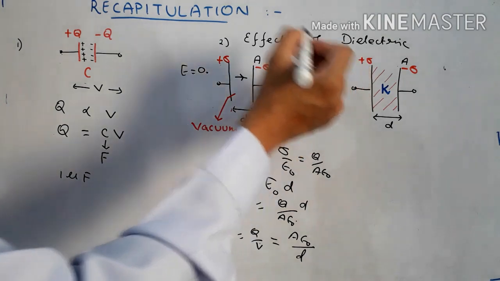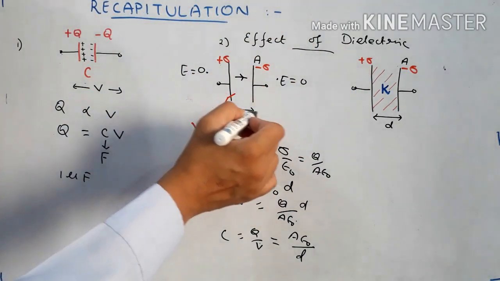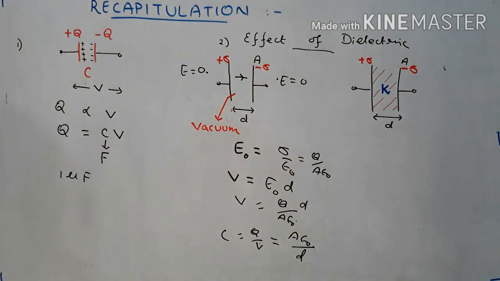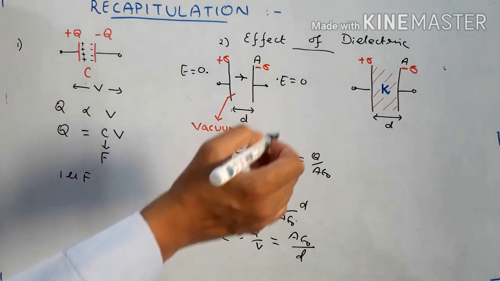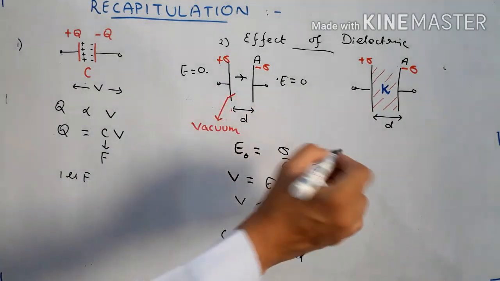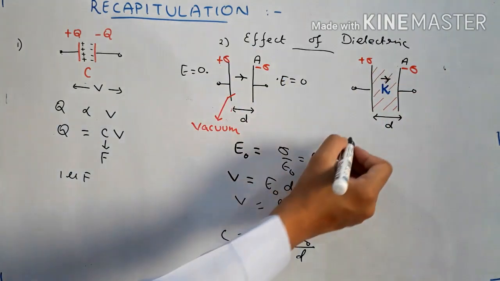After that we discussed the effect of a dielectric. In between the plates of the capacitor, if there is some dielectric inserted whose dielectric constant is K, then what changes do we find in these parameters? First, the electric field between the plates gets reduced.